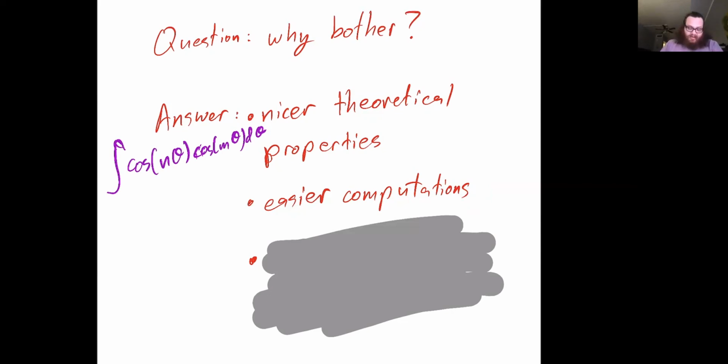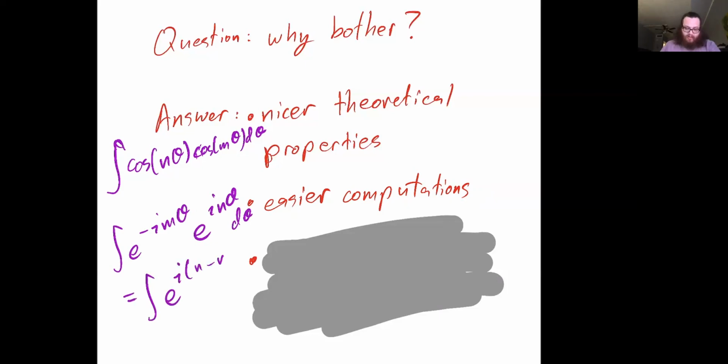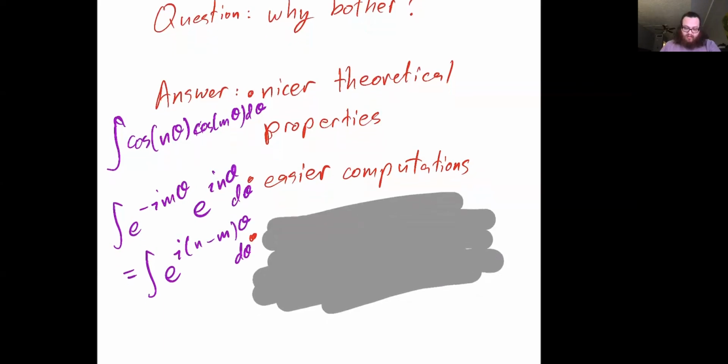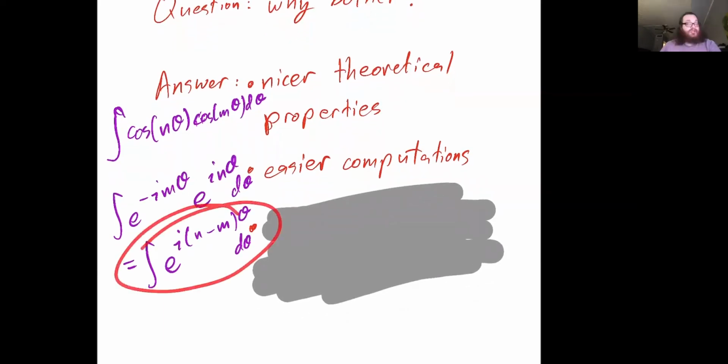But if instead I say integrate e to the minus I m theta times e to the I n theta, d theta, well, in this case, what is this whole thing equal to? This is just the integral of e to the I (n minus m) theta, d theta. So this piece right here is just the integral of an exponential.